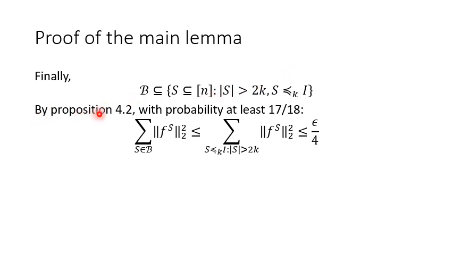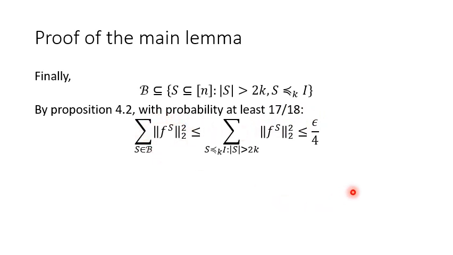Now, by proposition 4.2, with probability at least 17 over 18, this sum at the worst case will be this sum, because beta is contained in this set of all S that are k-covered by I, and S has large cardinality. But by proposition 4.2, this sum is at most epsilon over 4 with high probability. So now we have also bounded this sum.